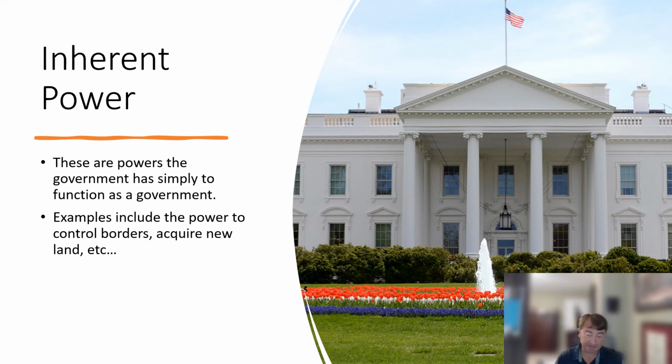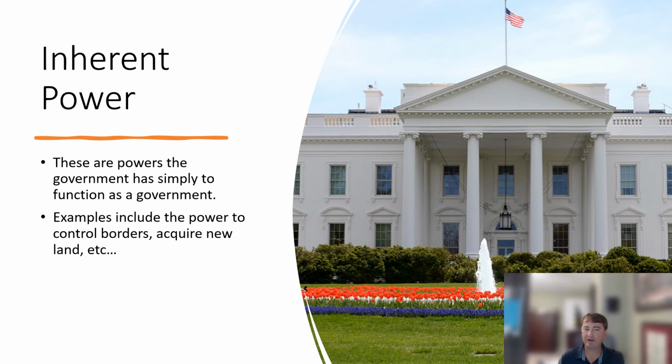That's not specifically listed in the Constitution. It's also not implied from any of the express powers, but it is something that every government everywhere has to be able to do. It has to be able to manage its borders. So the idea of building a wall on the border, or whatever it may be, would be an inherent power that the federal government would have, and it would be very difficult to say the federal government doesn't have that power because it's inherent to all governments.